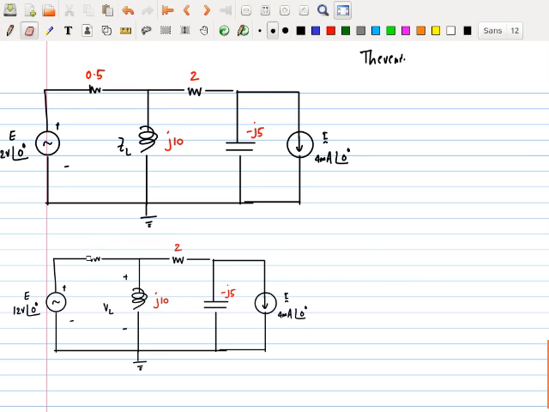I would redraw the circuit by simply eliminating all of the circuit values, and I will replace them with black boxes.